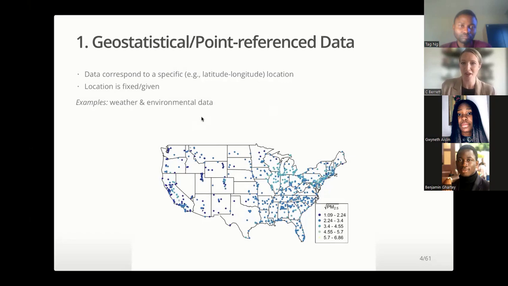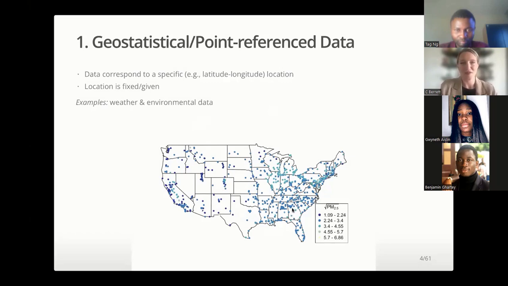So first, the types of spatial data. The first type, and the type that we're going to be talking about today, is called geostatistical data or point reference data. This is data that corresponds to a specific location. For example, in this picture, I have PM 2.5 measurements at a specific latitude and longitude. So the location is fixed, it's not random. What's random is the PM 2.5 measurement.